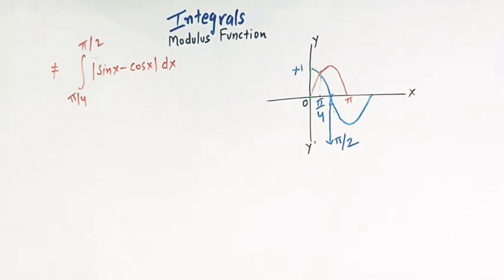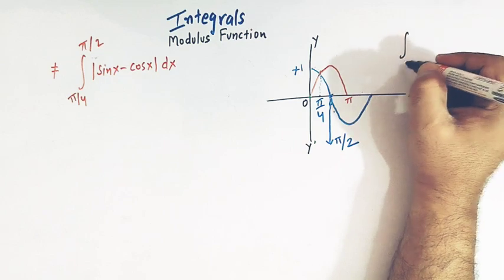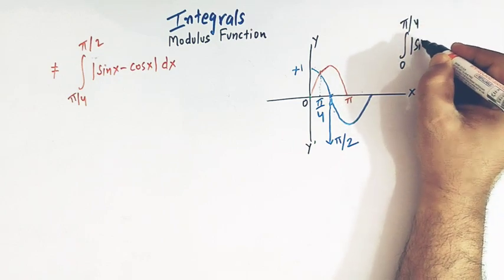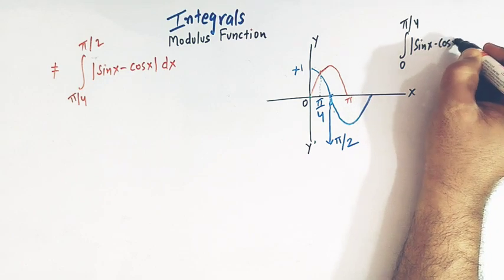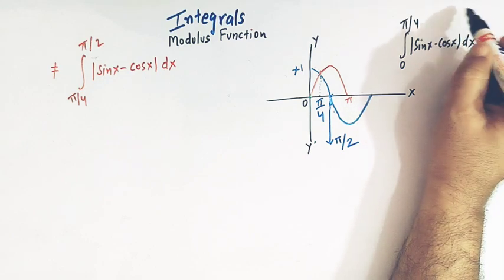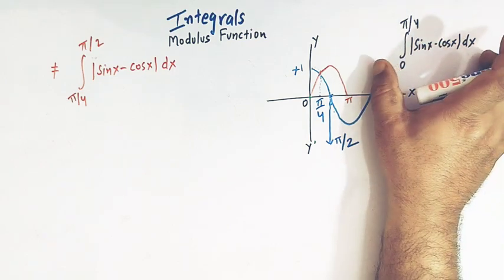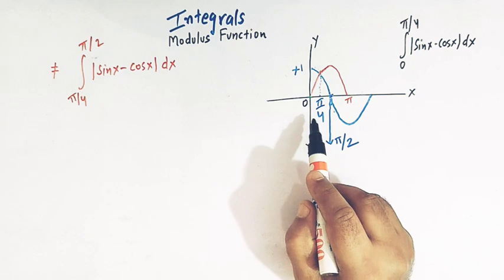Hello viewers, in today's class we are going to discuss one important and conceptual problem from integrals involving the modulus function. In our previous video we discussed the integral from 0 to pi by 4 of mod of sine x minus cos x, and we saw in detail how to find the value of this definite integral using this graph.